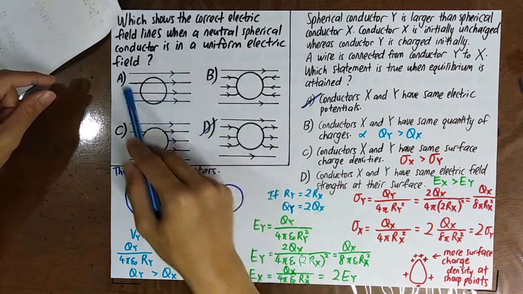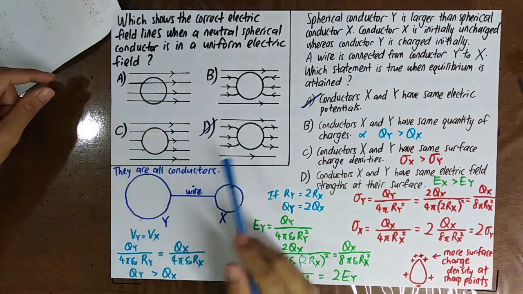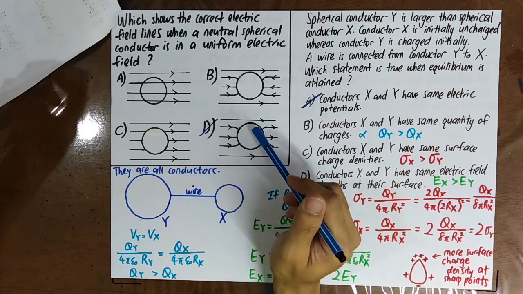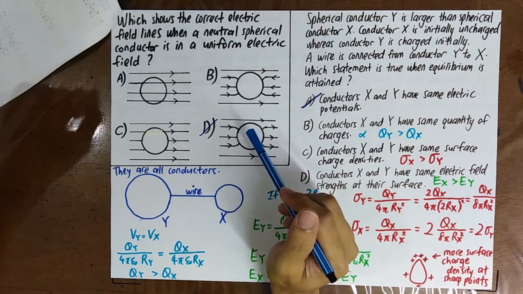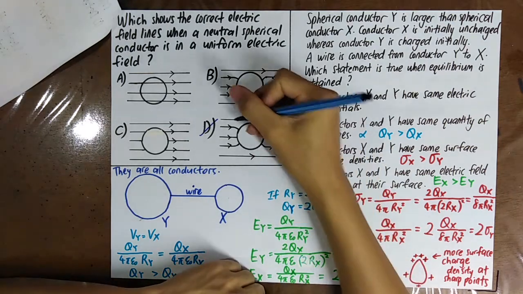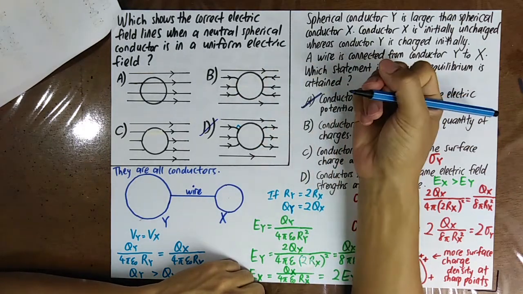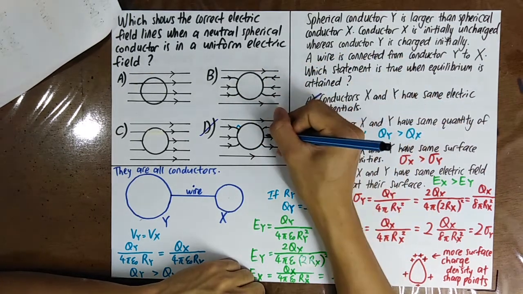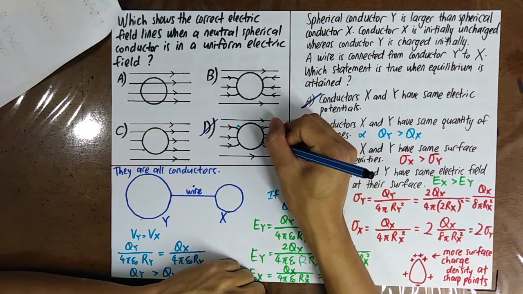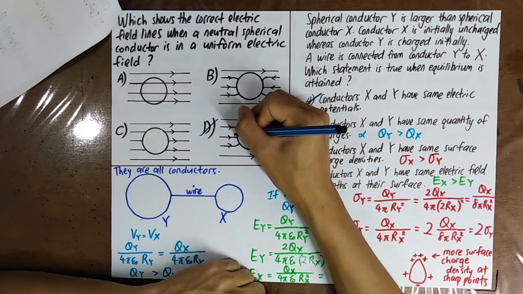Okay, so now this is automatically out. Next, we should remember that when the electric field approaches the conductor, it approaches at a right angle. That means it must be at right angles to the surface of the conductor.